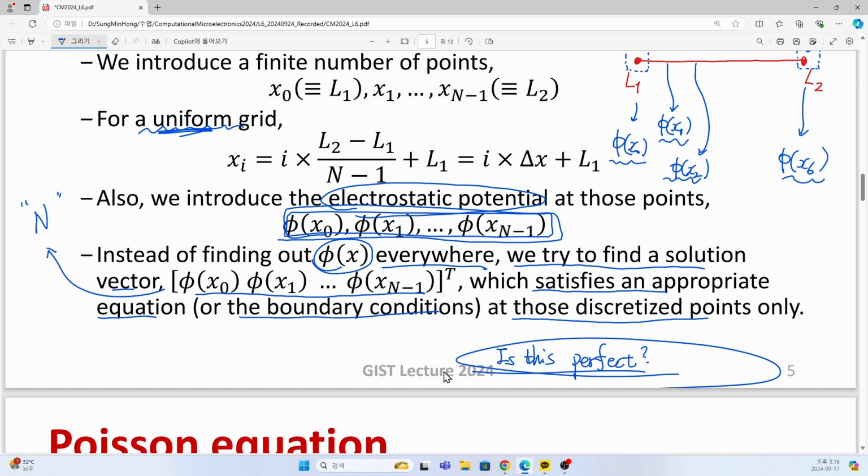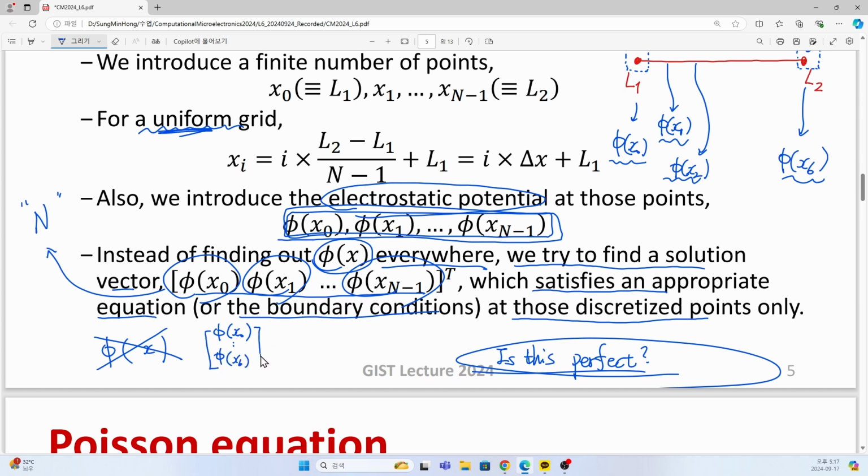The original problem is not fully solved by this insufficient information, but that is our assumption. Although we must find out the electrostatic potential at any x value, instead of that, we are happy with just small fractional information.